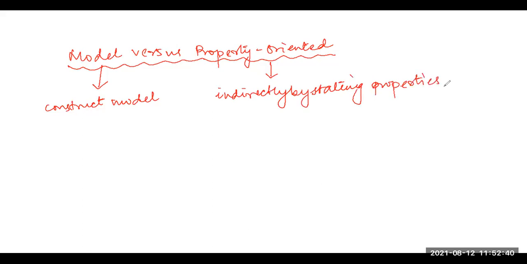And this usually happens through the use of axioms. I hope you have learned about axioms, because in database, you should have learned about axioms when you were learning about the normalization chapter.